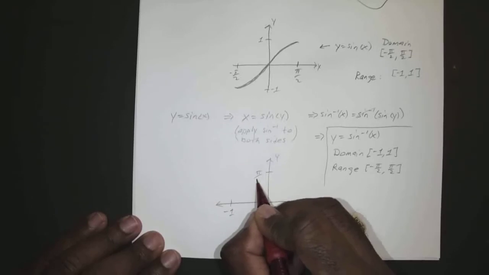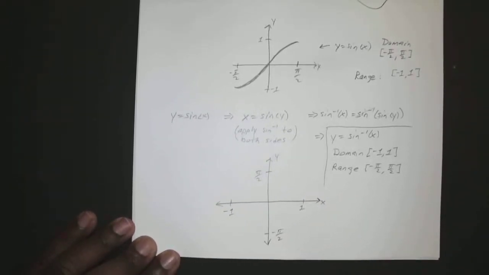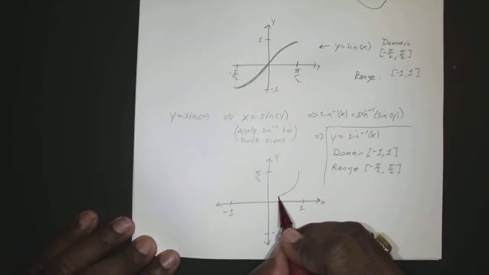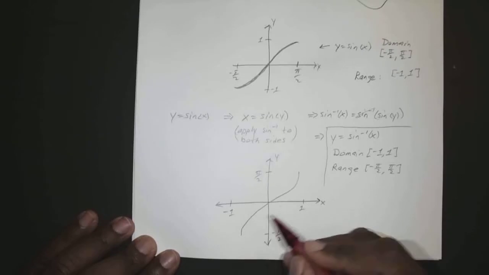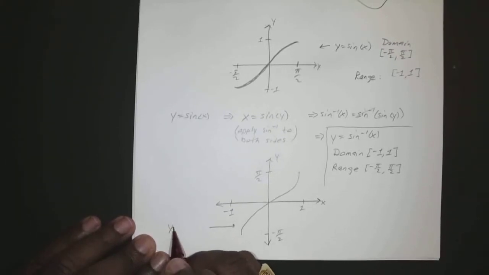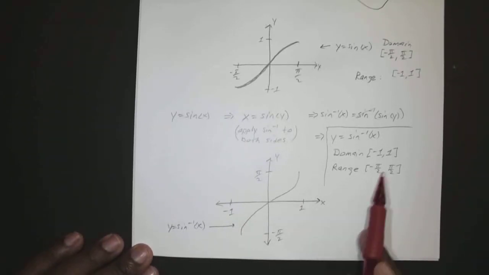So you have pi over 2, negative pi over 2. And that graph is interchanged also, so it looks kind of like that. And this is your sine inverse of x. Remember, you have your domain of -1 to 1 and your range of negative pi over 2 to pi over 2.